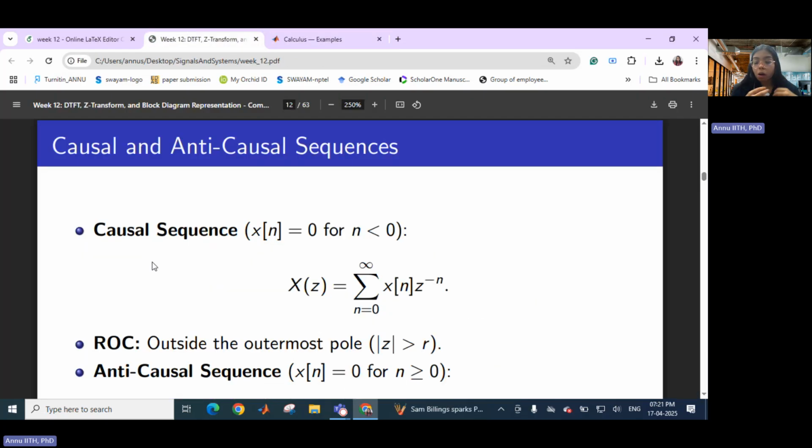Now, you know causal and anti-causal signals. What was that? Causal means a signal which is practical, that is, the output is depending on the past and present input. It is not depending on the future input. And the future input, do you think that it is practical? It is not. So a causal sequence is 0 for n less than 0.